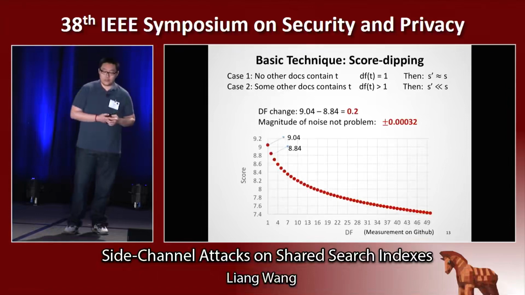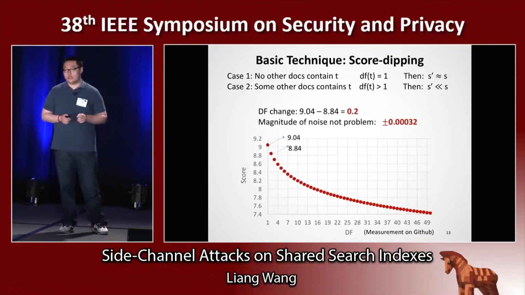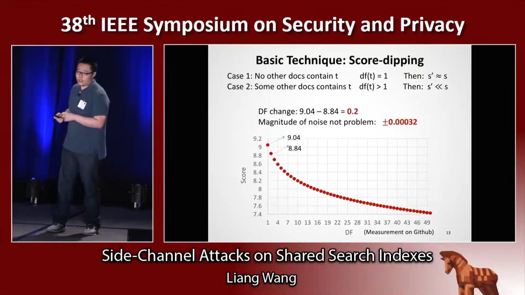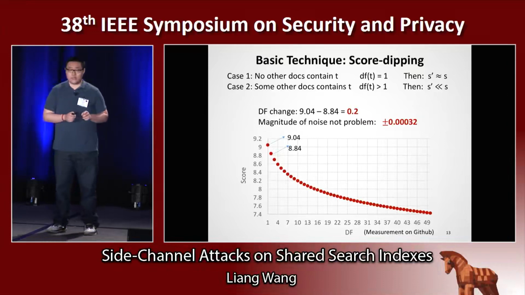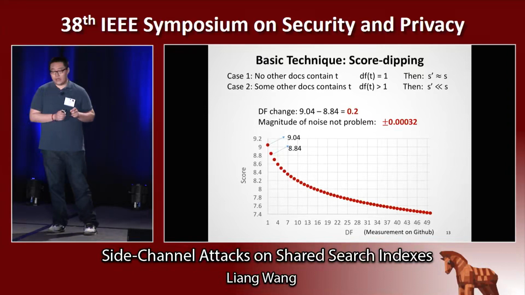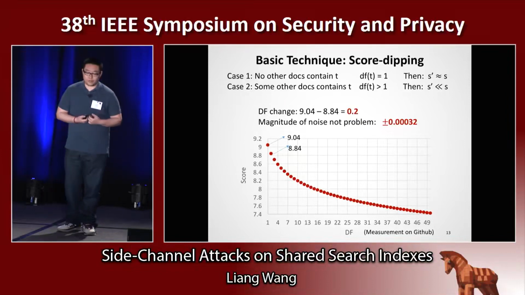The answer is yes. This figure shows the changes in relevance scores as the term DF increases. We measure it on GitHub. As we can see, if the DF changes from 1 to 2, there will be a notable drop in the relevance score.